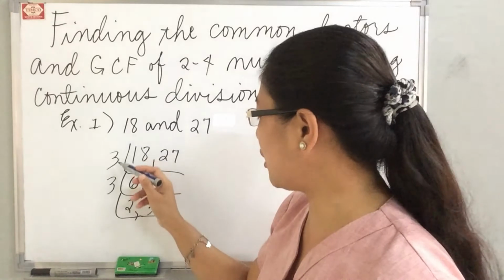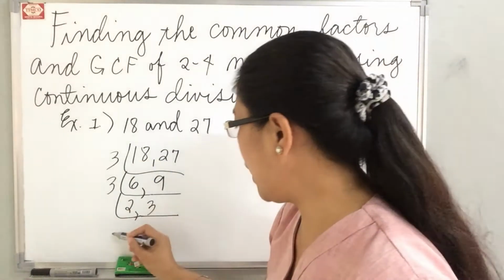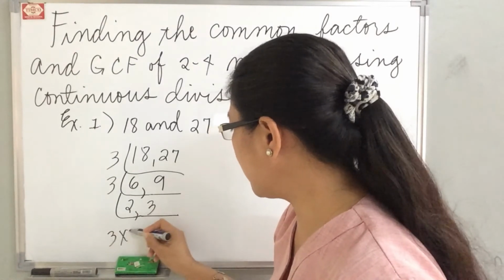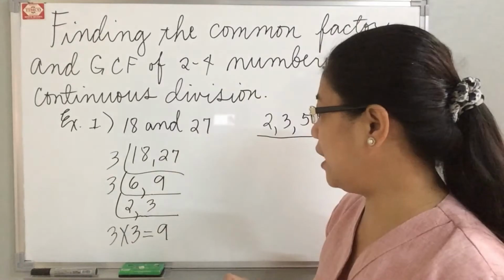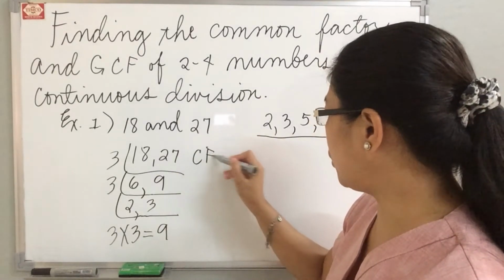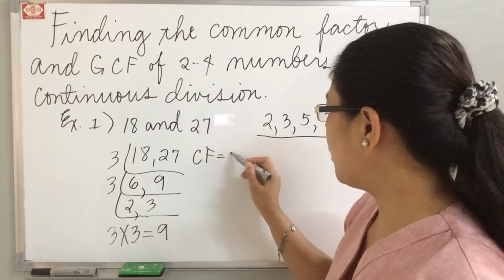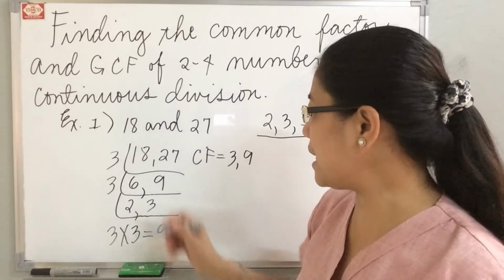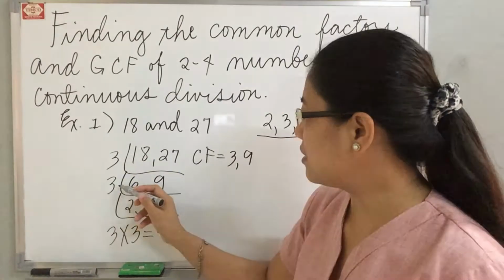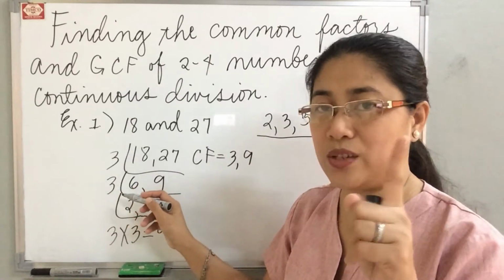And then, let's get the prime divisors. Let's multiply them. So, we have 3 times 3 equals 9. Now, the common factors of 18 and 27 are 3 and 9. Now, where did we get this 3 and 9? 3 came from here. Since there are 2 3's, let's just get 1.